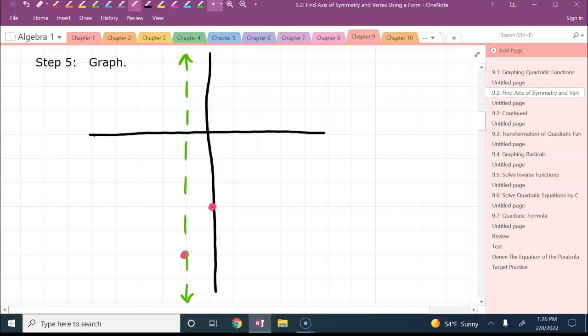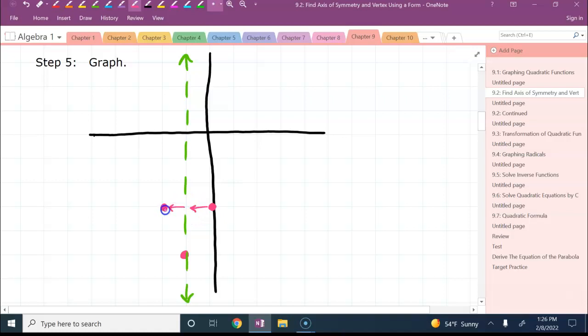So if you remember from section 1, when we talked about that axis of symmetry, it's right down the middle of the graph. So everything on the right is going to have something on the left that is a mirror image of itself. So when I see this point at 0, -3, notice how that's one space away from that green dotted line, that axis of symmetry. So that means that there should be another point one space to the left.